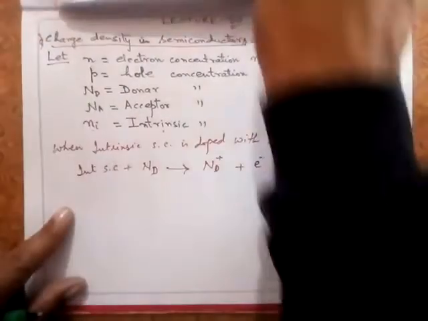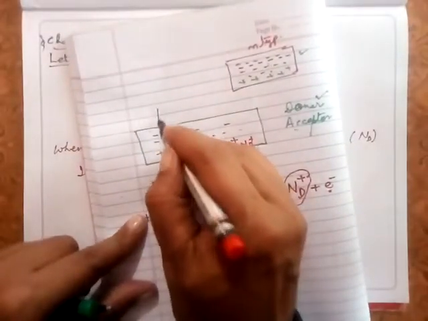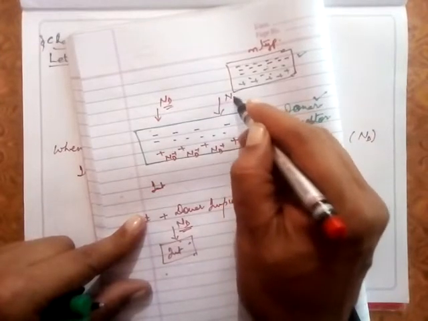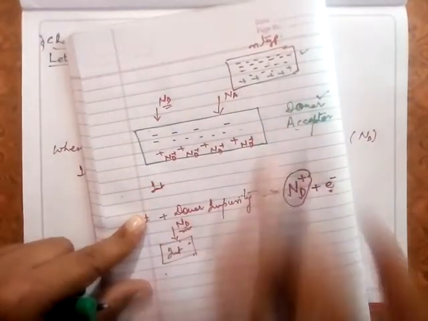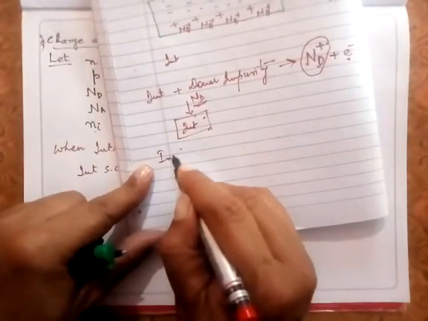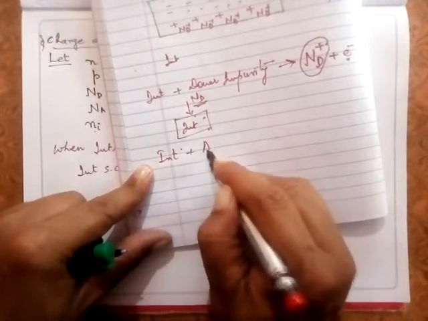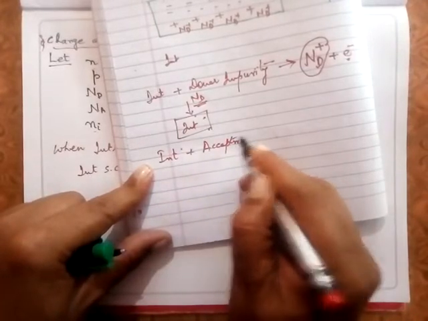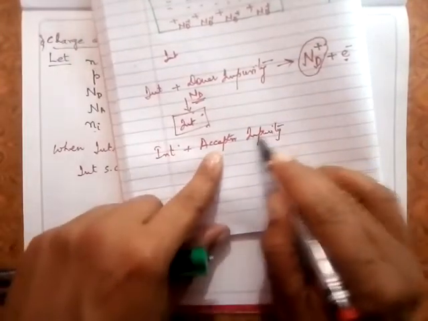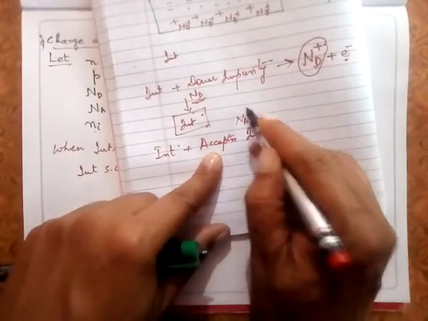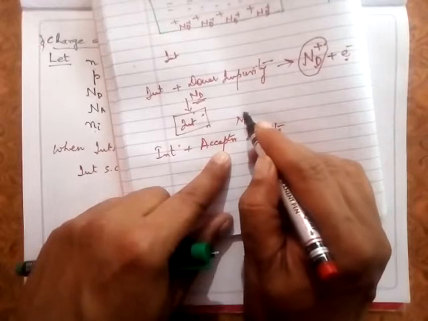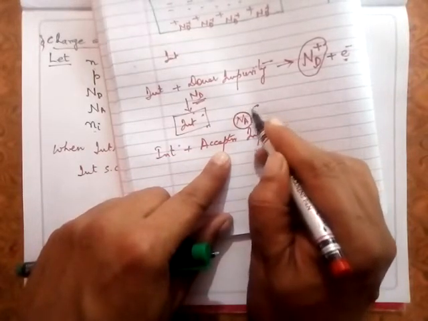Now suppose for the same semiconductor doped with Nd, this is the situation. Now if this semiconductor is doped with acceptor impurity, if the same intrinsic semiconductor is made p-type, every acceptor impurity accepts an electron from the system.